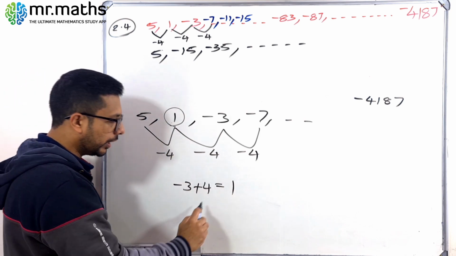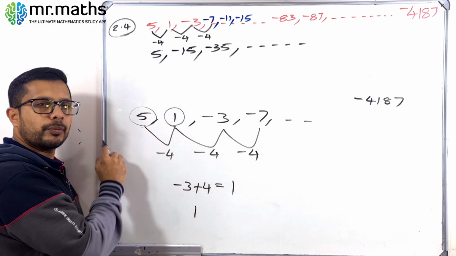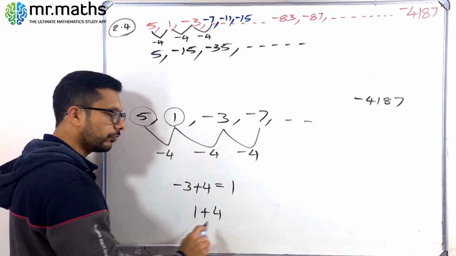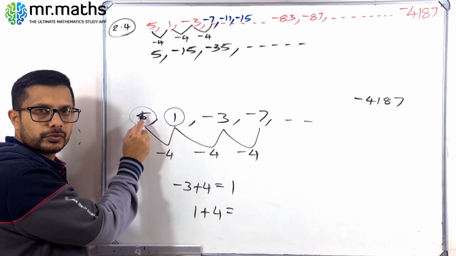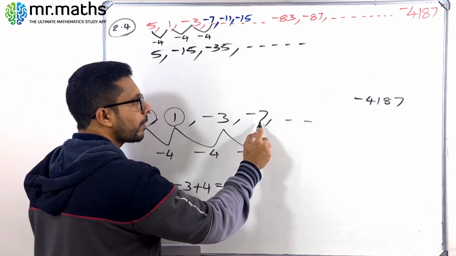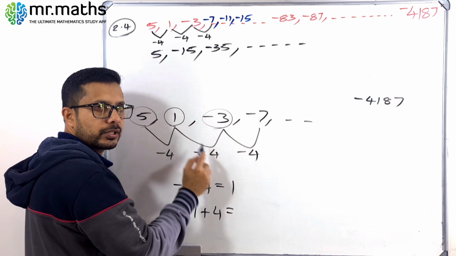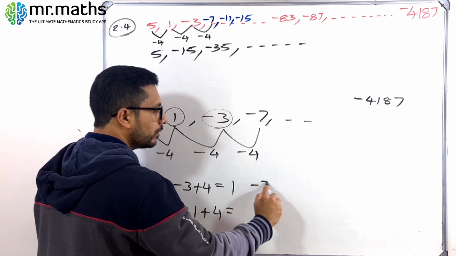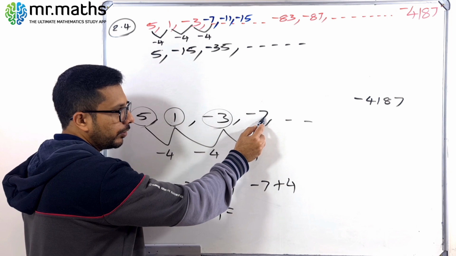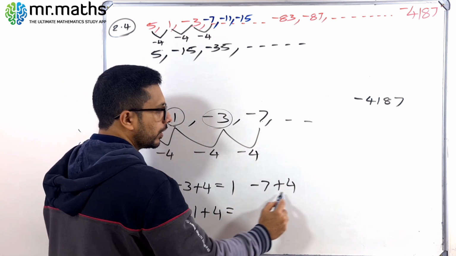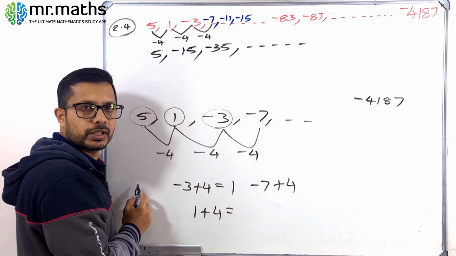Okay, then to get the next one, how do I get this number? 1 plus 4, so it is 5. Can you see that 1 plus 4 is 5? Okay, from here how do I get this number? This minus 7 plus 4, what is minus 7 plus 4? Minus 3.